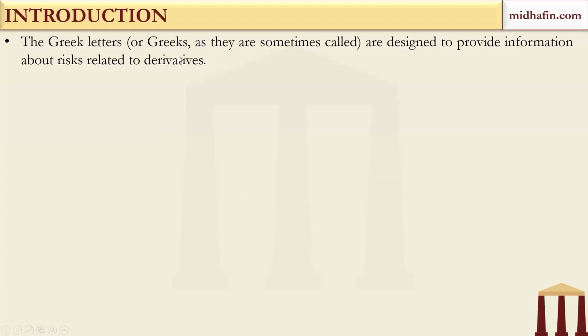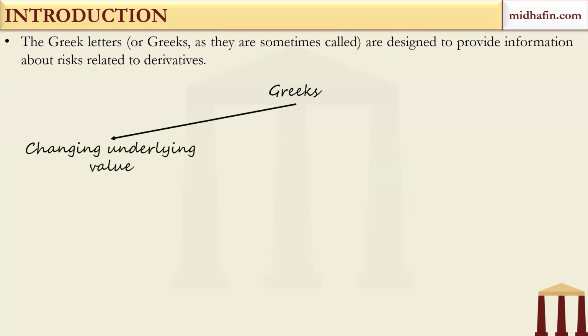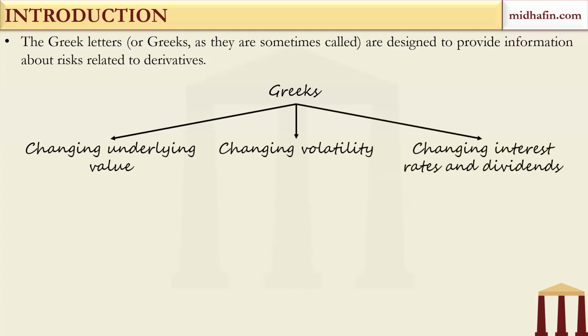The Greek letters are used to name these risk measures, and that's why they are called simply the Greeks. They give us information about the different types of risk arising from different parameters under consideration. The Greeks are risk measures which measure the risk arising due to a changing underlying value, changing volatility, changing interest rates or dividends.